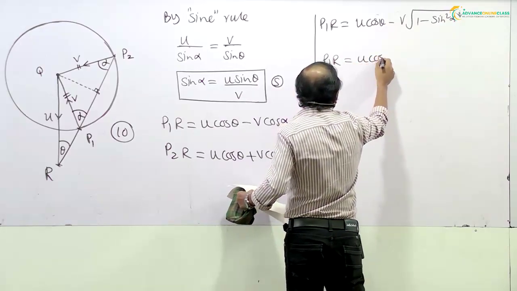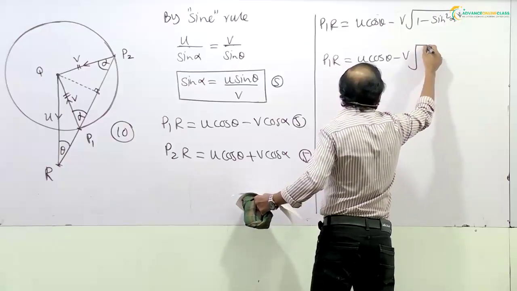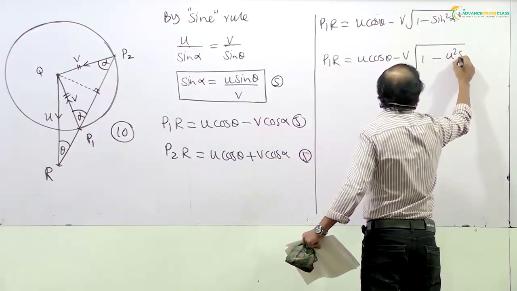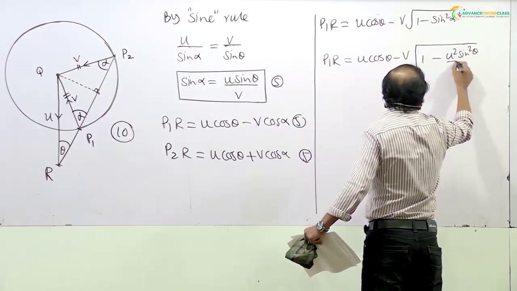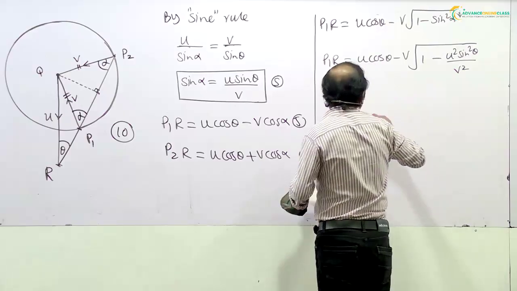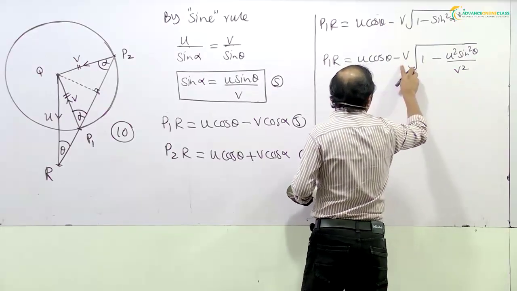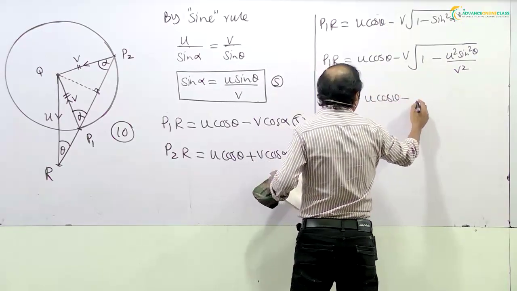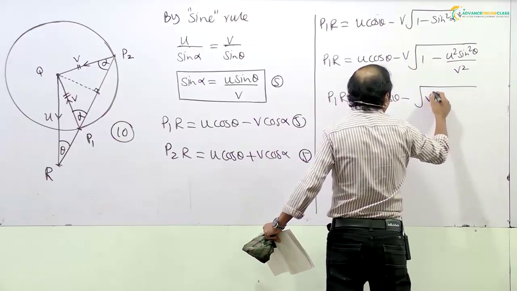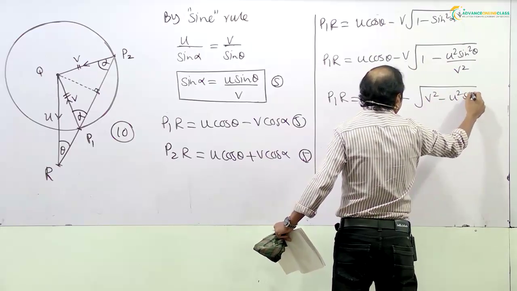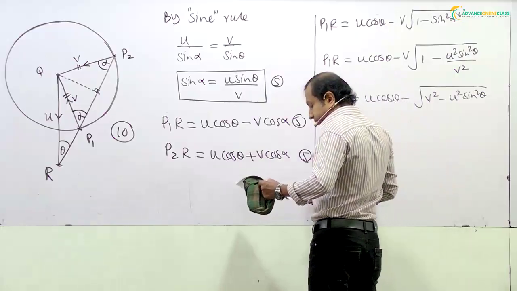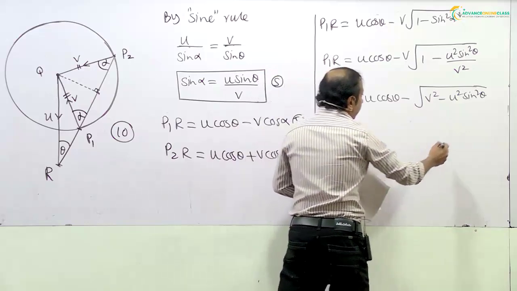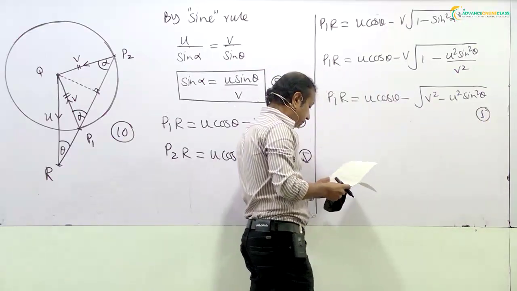P1R is u cos theta minus v times the square root of 1 minus u squared sine squared theta divided by v squared. Right. Take this outside. P1R is u cos theta minus square root of v squared minus u squared sine squared theta. Five marks for this.